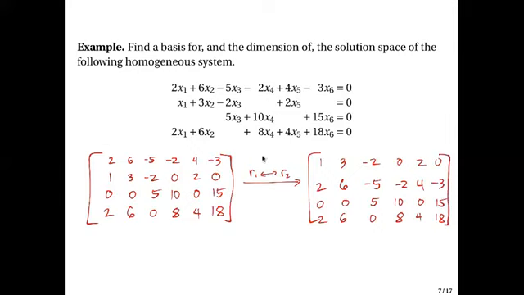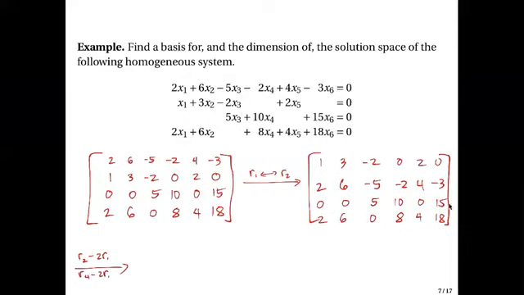And then this is a leading one. Let's make this 0 and then this guy here 0. So we can have row 2 minus 2 row 1. And then also we can have row 4 minus 2 row 1.